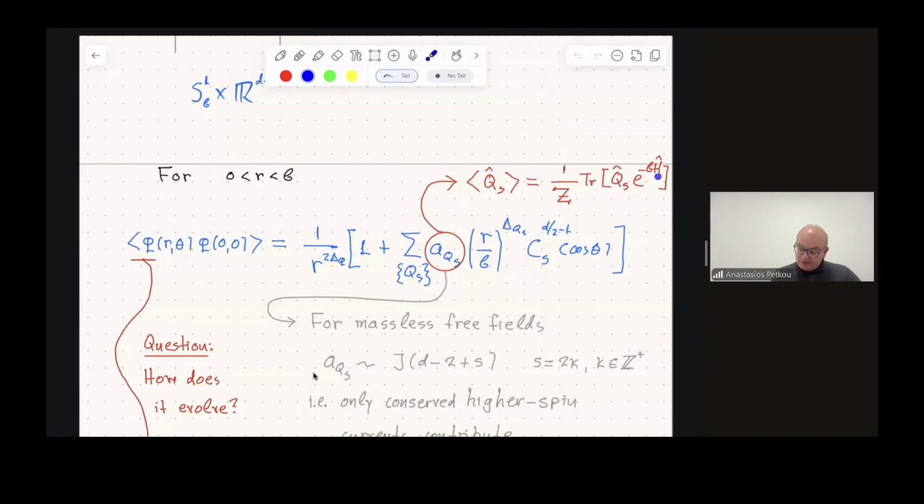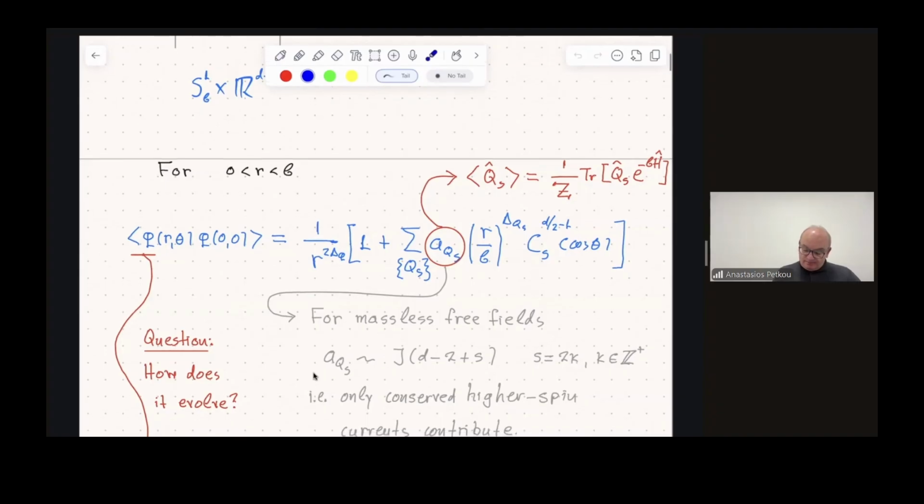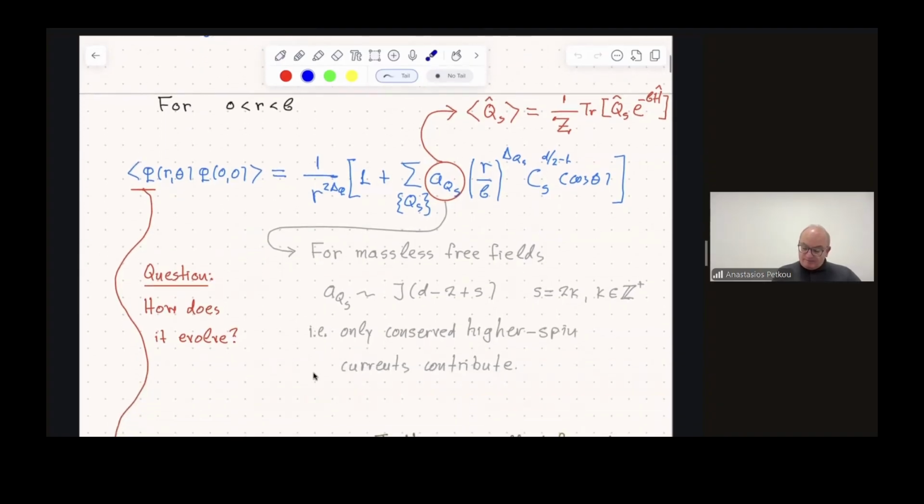If you have a Hamiltonian, we will have to take the trace and divide by the partition function. That's a general remark.